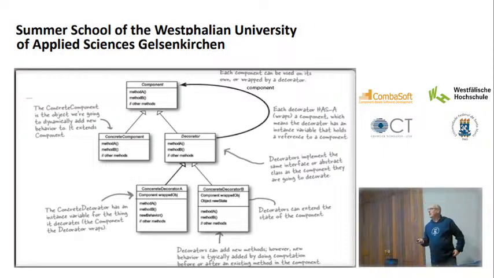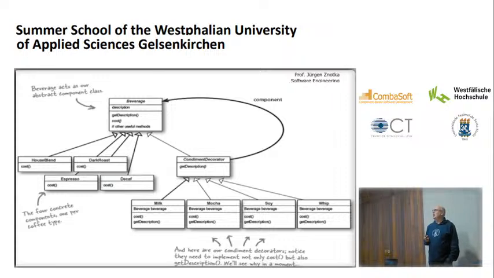Okay? So, if you see this structure, it's quite fine. And let's now look at how it looks if we look at the concrete example. You have beverage, as I told you, the concrete components are the house blend, dark roast, the espresso, and the decaf.